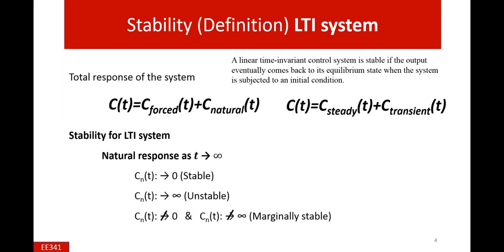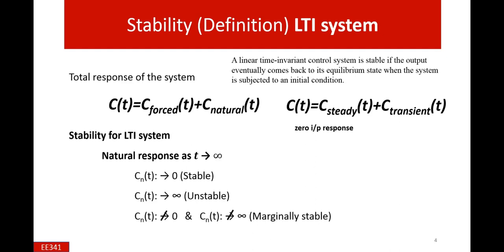Total response of an LTI system is given by, which consists of forced response and natural response. If we find the value of the natural response at time equal to infinity, if this response approaches 0, then we can say the system is stable.